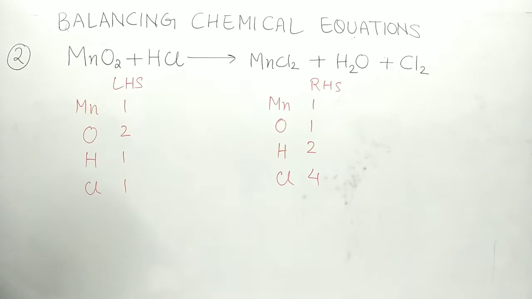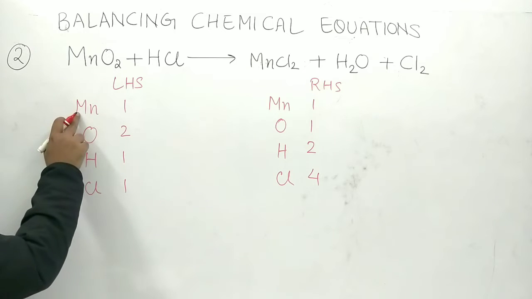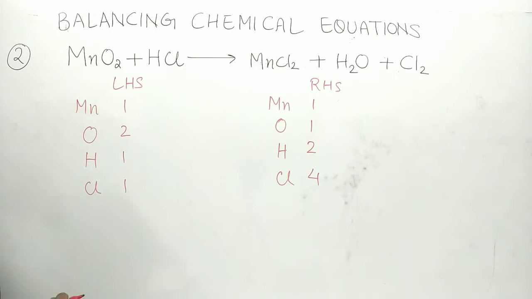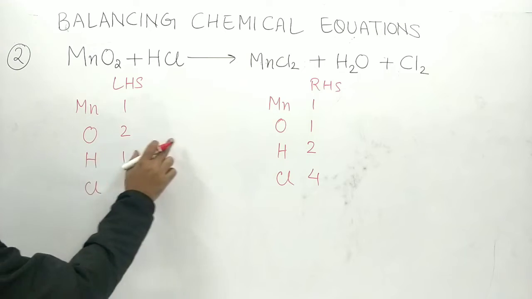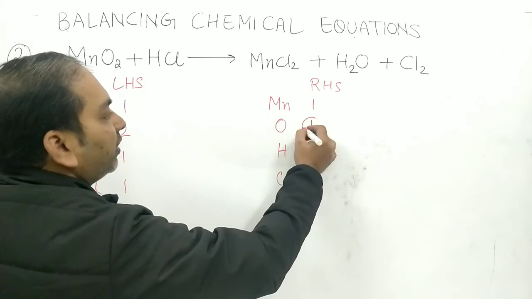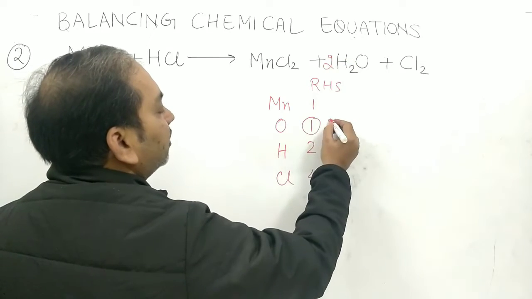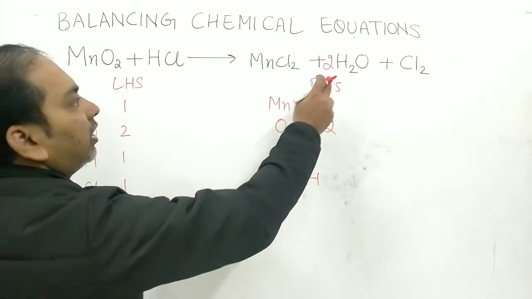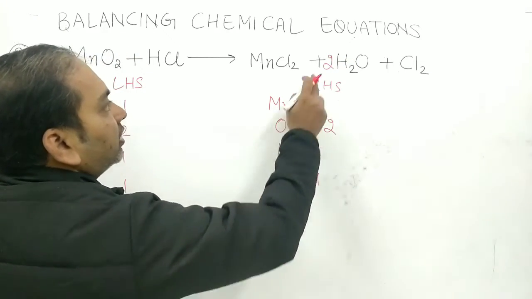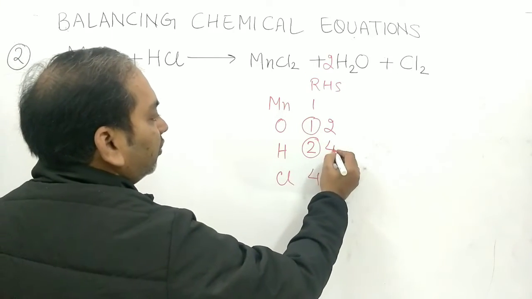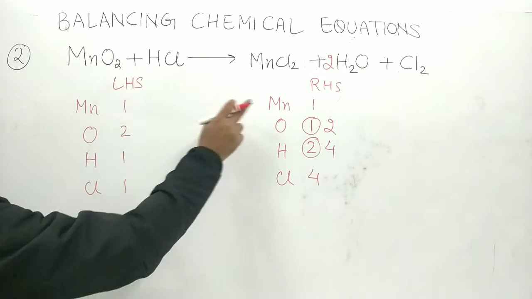Okay, so now how can we balance it? First of all, manganese is already balanced. Here the oxygen atom is 2 and here it is 1. So I have to make it 2, and I can do that just by multiplying here by 2. So this becomes 2. But at the same time the hydrogen, which was 2, increases from 2 to 4. So this becomes 4.